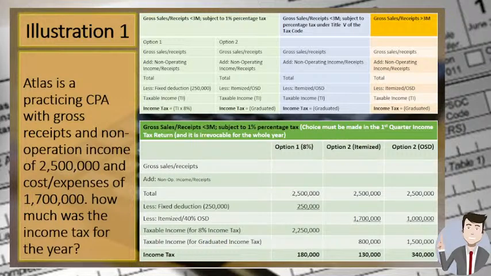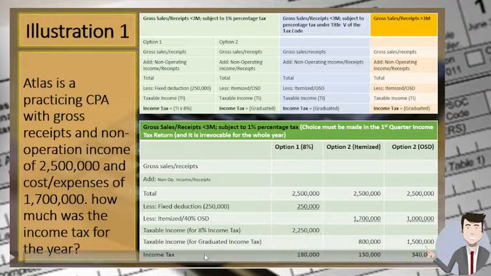That's why the law does not allow the GPP or partners under the GPP to claim or use the option of the 8% income tax. Take note, the itemized deduction is already on the GPP itself.